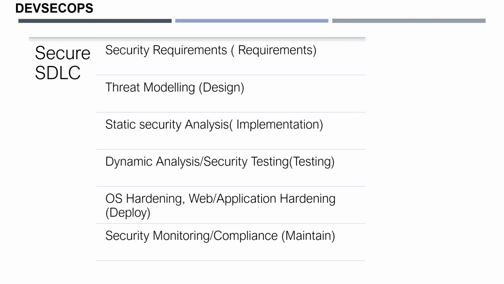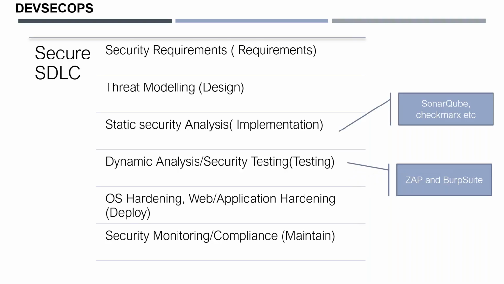So we say use tools like SonarQube or Checkmarx to do static security analysis. Of course, we've been using it, but now all these tools are equipped with sophisticated plugins, and you can see these results in our SonarQube server as well. This is static application security testing, or static security analysis. So you are giving the most priority to the implementation phase as well.